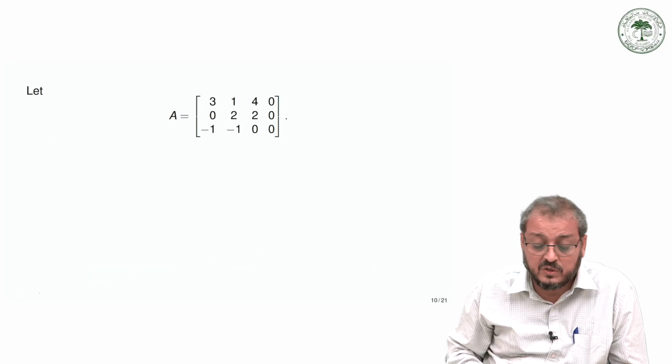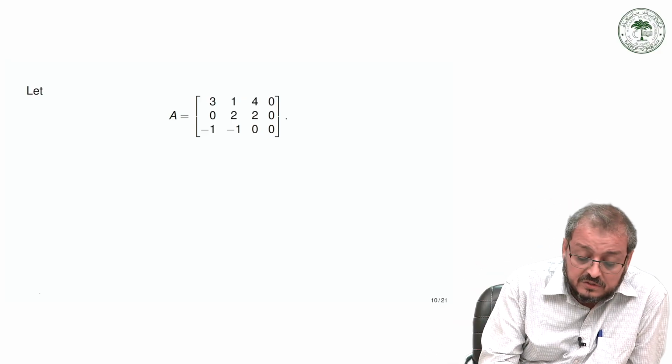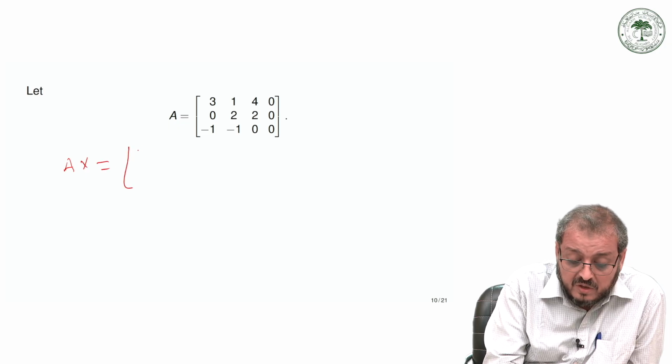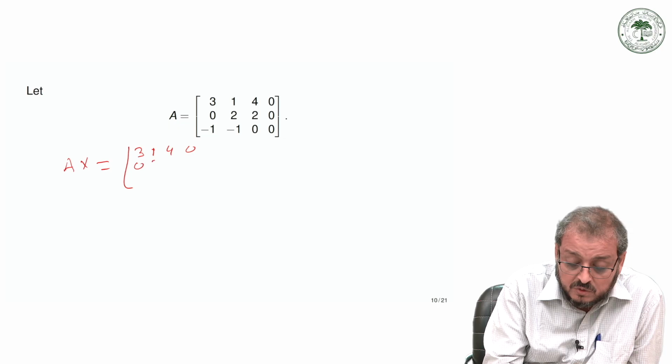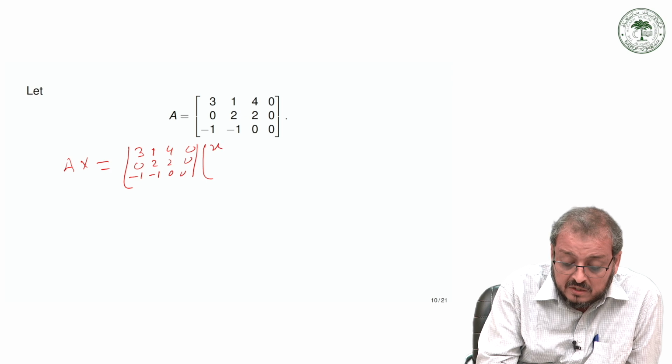Okay, so now we try this next question. First we calculate Ax, where we have the matrix with rows 3 1 4 0, 0 2 2 0, minus 1 minus 1 0 0, multiplied by x1 x2 x3 x4.